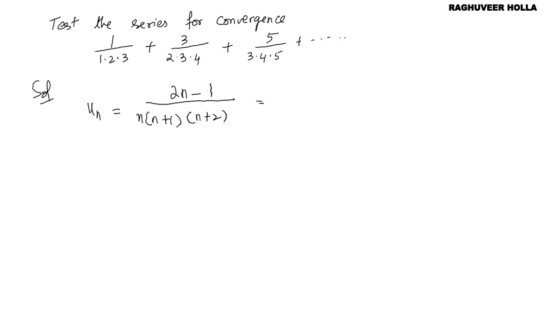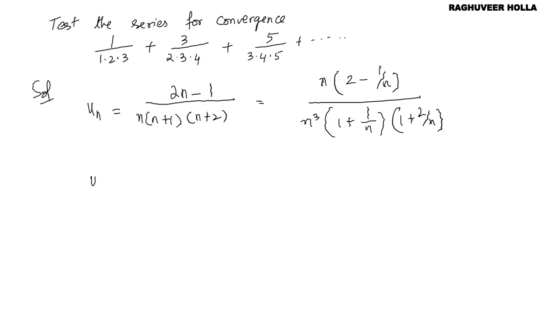Now if you take n, this would be 2 minus 1 by n, divided by n cube, 1 plus 1 by n, into 1 plus 2 by n, right?